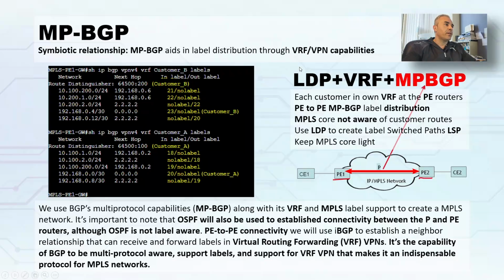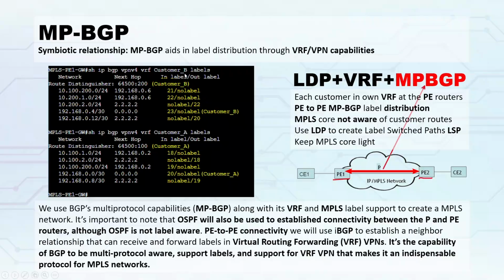So if you look at the left here, you can see my PE router, PE1. It has different customers, customer B, customer A. And really what it does is it creates its own virtual router for each customer through VRF, and BGP carries these labels, as you can see here, and associates them with the prefixes for the customer.